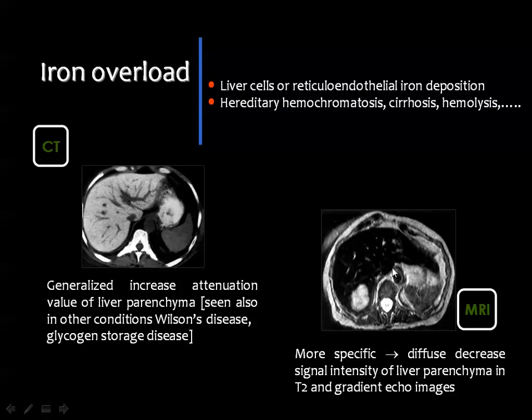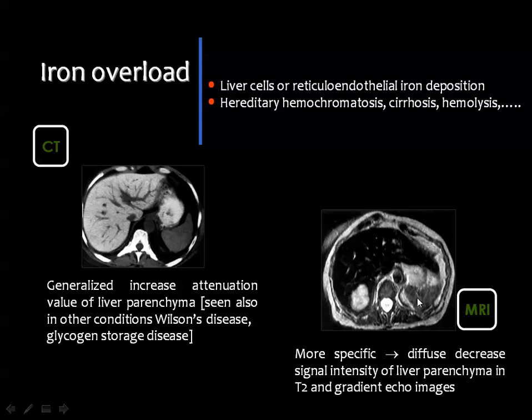In MRI, you know that iron is very dark in all bulk sequences, especially in the T2 weighted image and the gradient image, of course. And you see that the liver is very dark, and the darkness is judged in comparison to the muscles, because the muscles are not usually affected by iron.